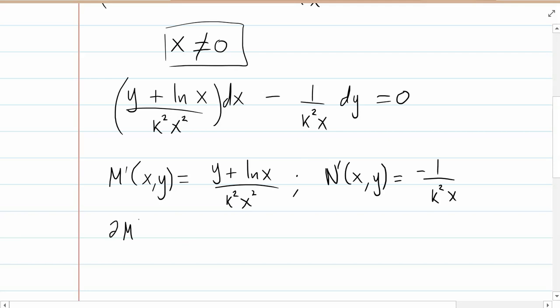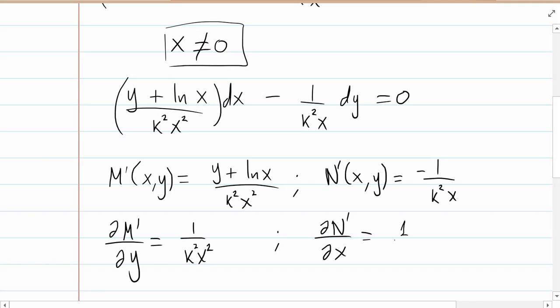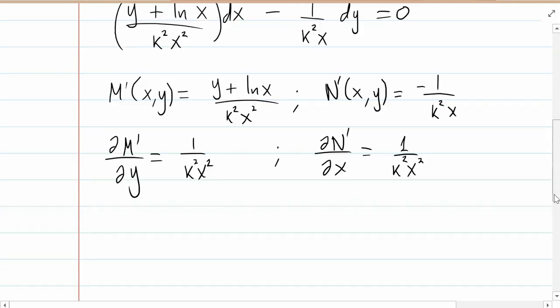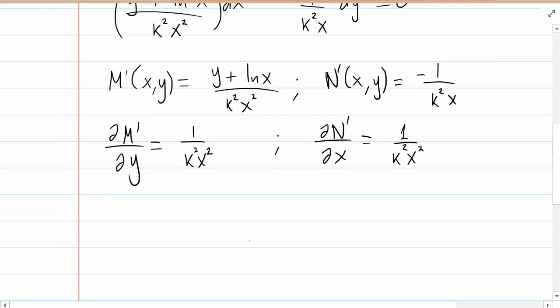The partial derivative of M prime with respect to y is 1 over k squared x squared, and the partial derivative of N prime with respect to x is 1 over k squared x squared. So as you can see, the new differential equation is exact.